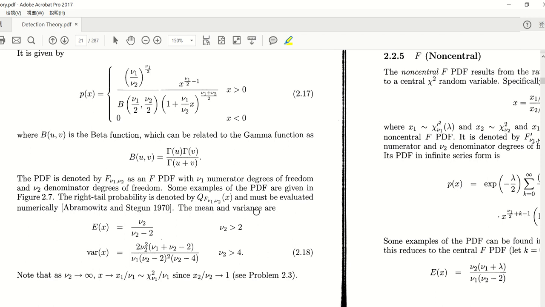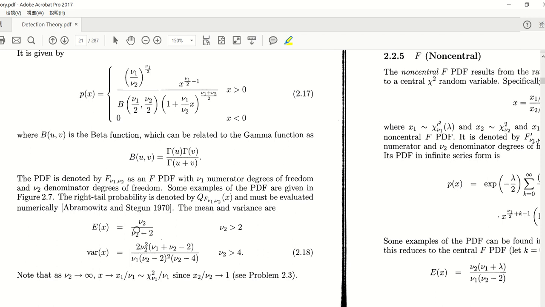And the mean and variance are like this: E of x is equal to v2 over v2 minus 2. The variance of x is equal to 2 v2 squared, notice that there is an exponent 2 here, times v1 plus v2 minus 2, over v1 times (v2 minus 2) squared times (v2 minus 4), for v2 in different regions.